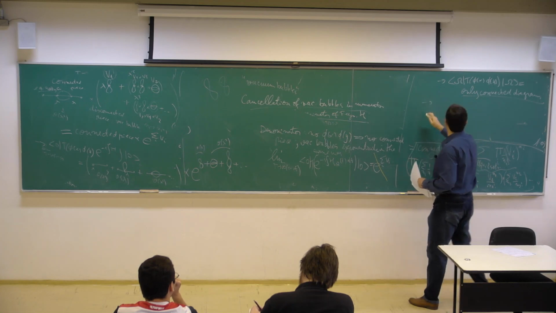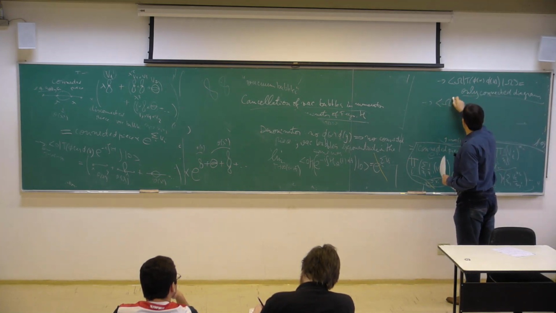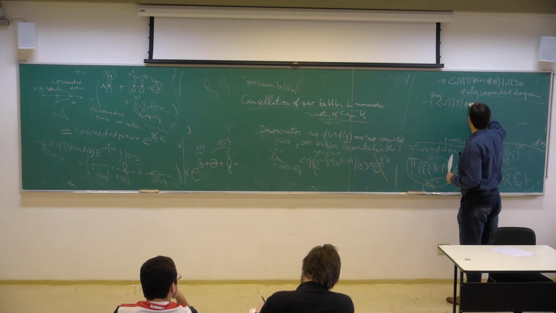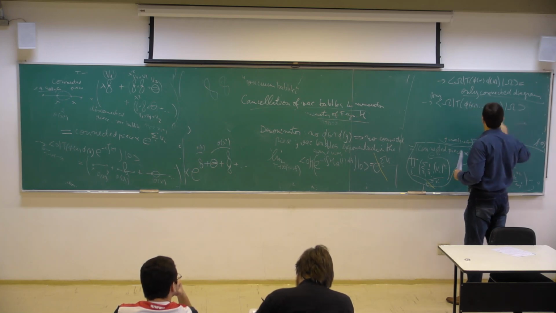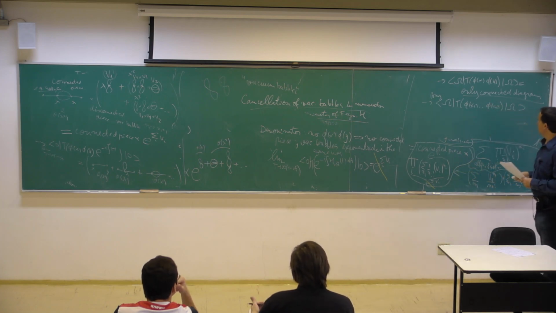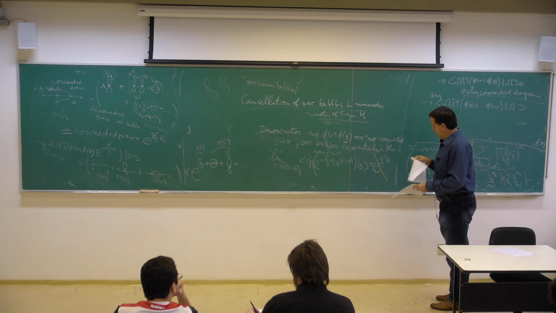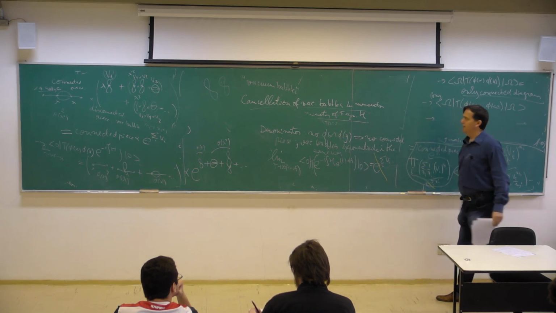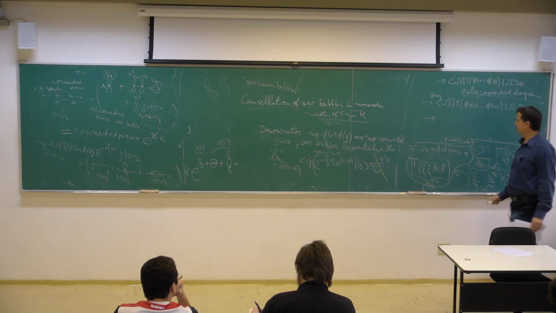And that of course generalizes, I said phi(x), phi(y), but of course it generalizes to any n-point function. So this is the last part of the Feynman rules.